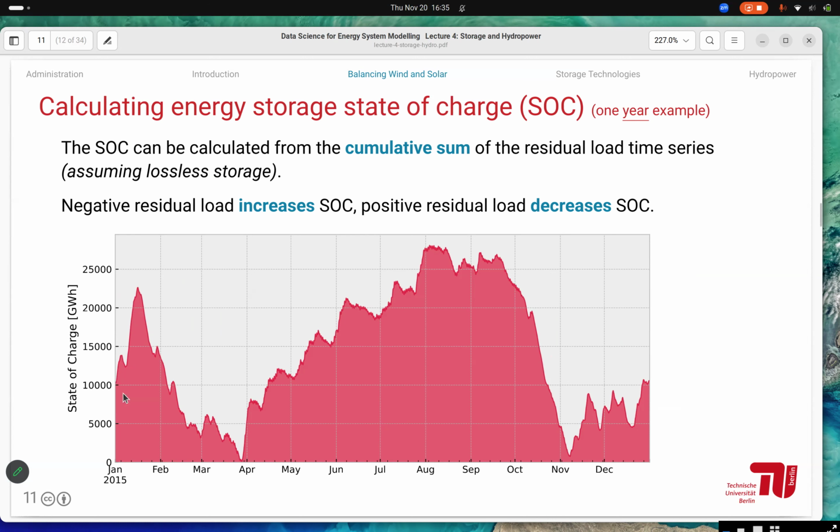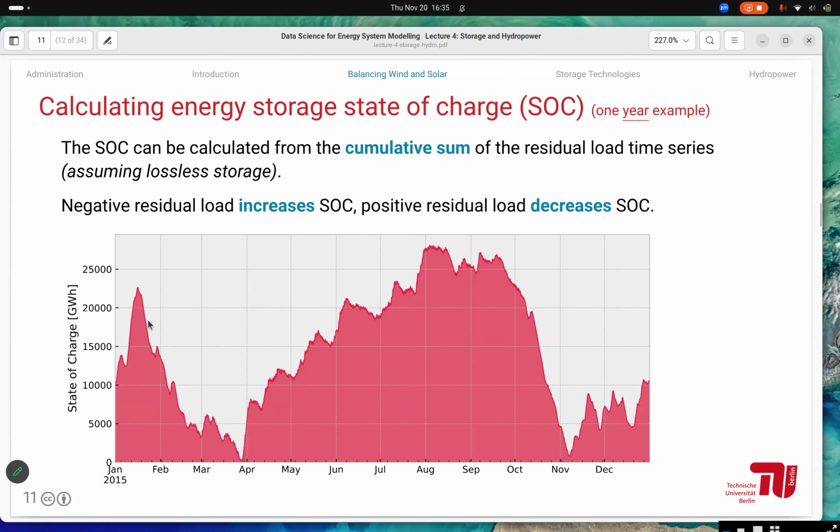Here we again see things from the example: we start with charging the storage, then we have a short period of discharging, and then a period of charging followed by discharging again. And we have that throughout the full year. You can see in this example, we have a relatively strong seasonal component.